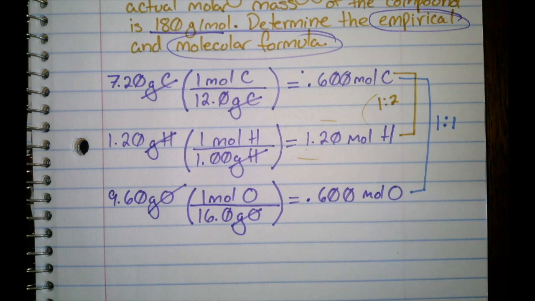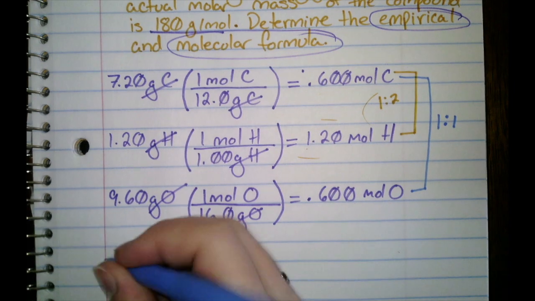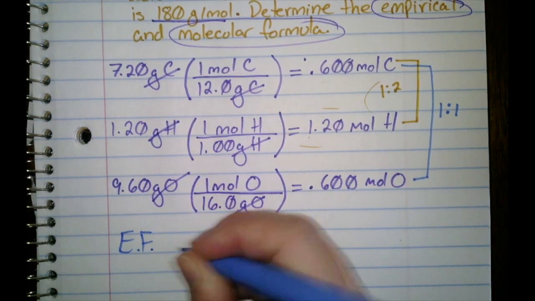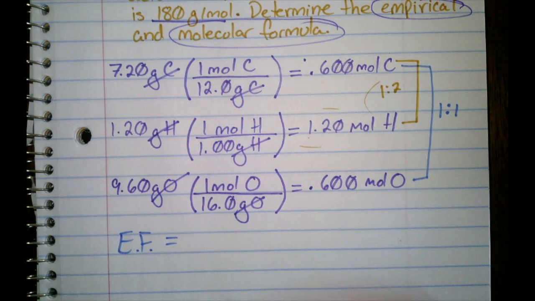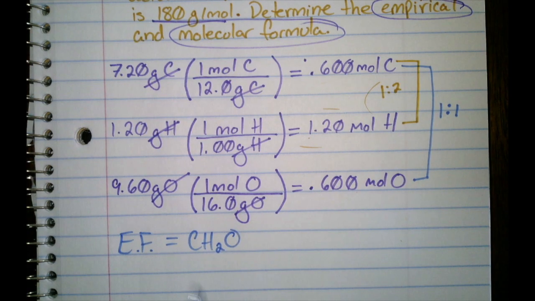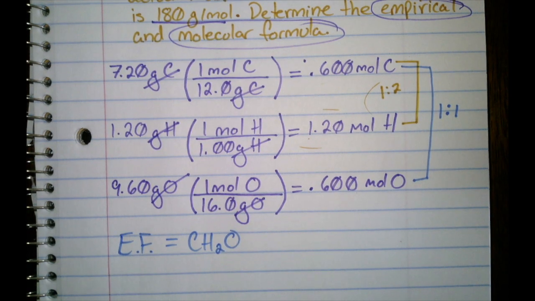So what this means is that our empirical formula must be CH2O, a 1:2:1 ratio.